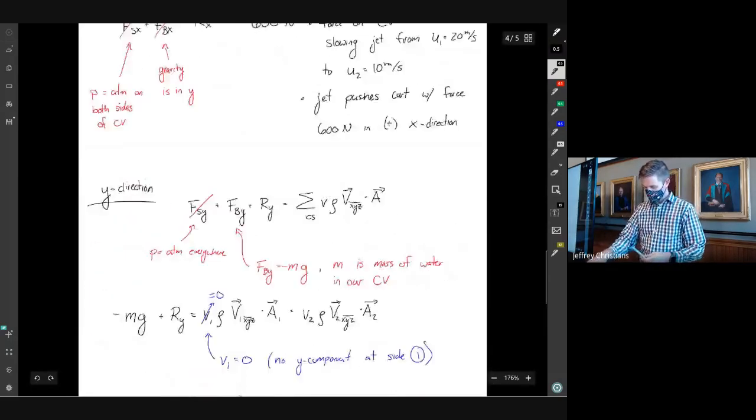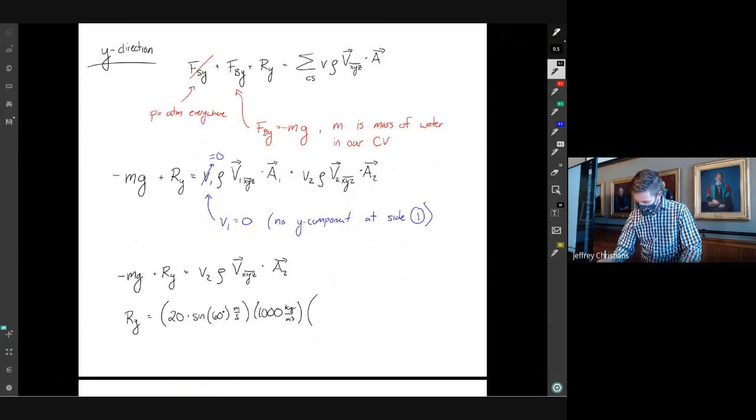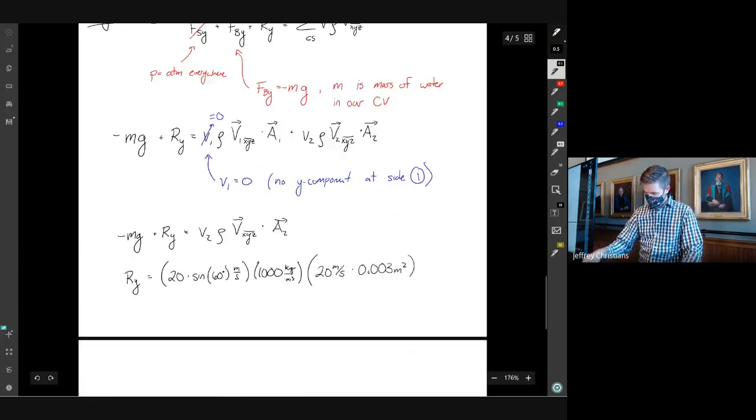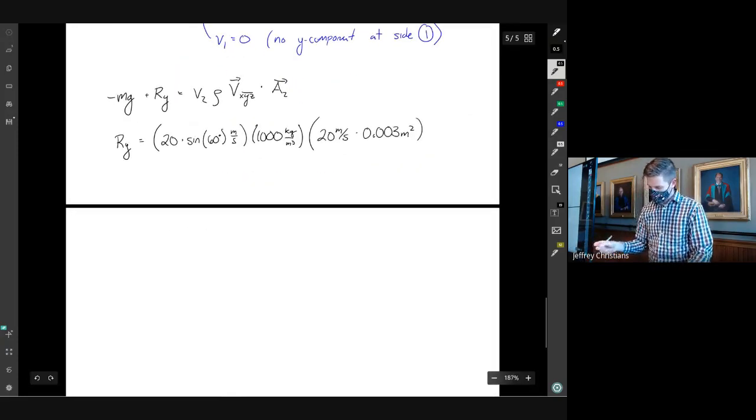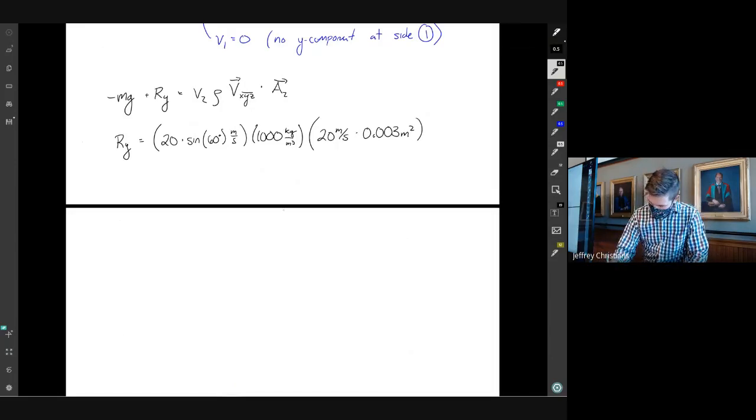So this turns into 20 meters per second times 0.003 meters squared. Minus mg plus.